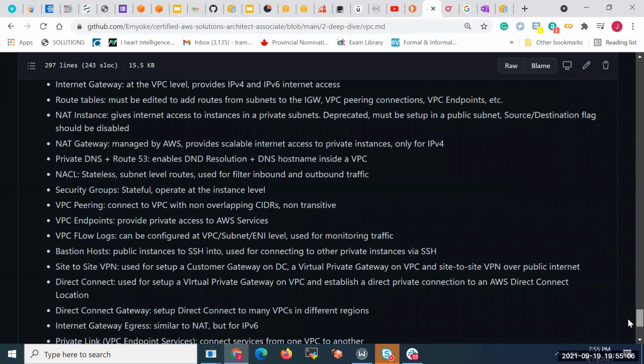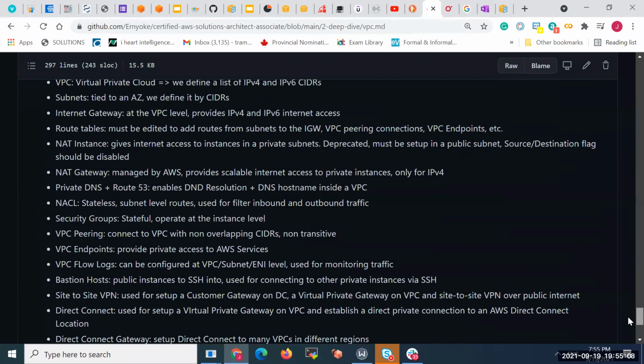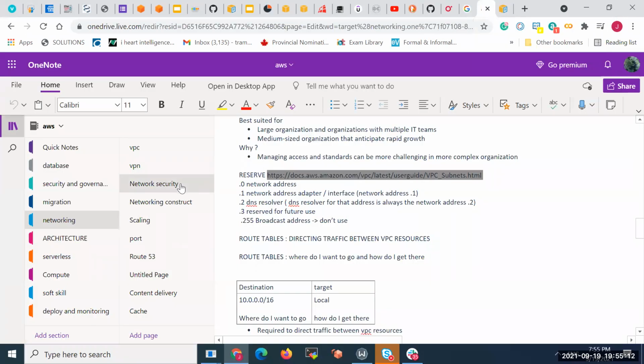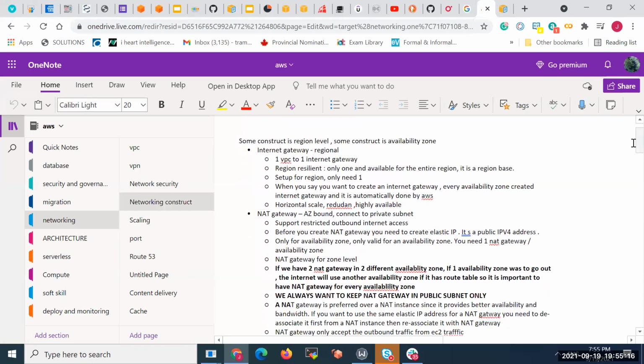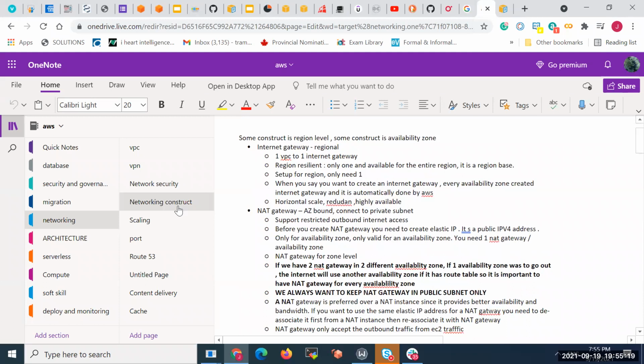So let's talk about a NAT gateway and internet gateway. As you can see here, we call this a networking construct, and some constructs are regional level and some are availability zone level.